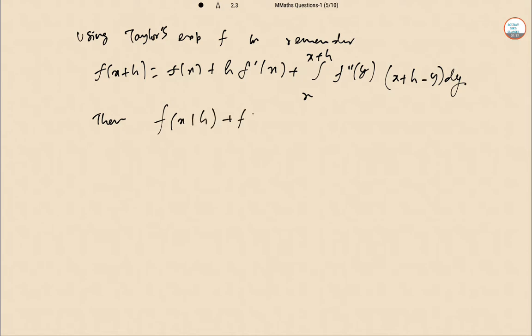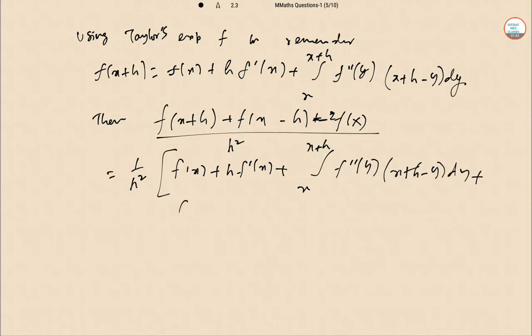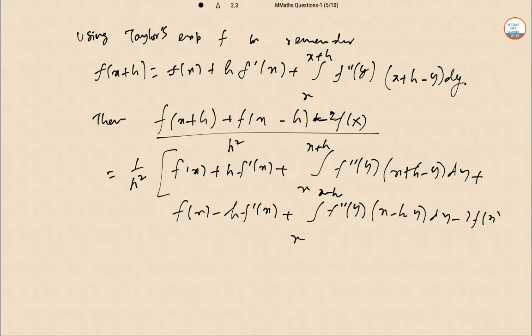Now the main calculation comes in: f(x+h) + f(x-h) - 2f(x), divided by h squared. Replacing each term, f(x-h) is f(x) minus h f'(x) plus the integral from x to x-h of f''(y)(x-h-y) dy, minus 2f(x).